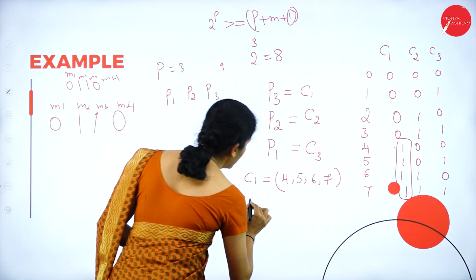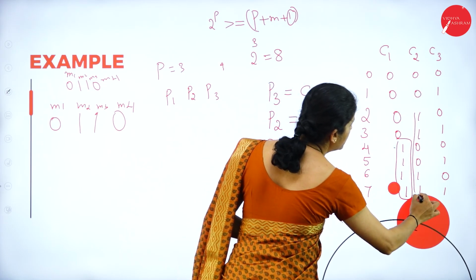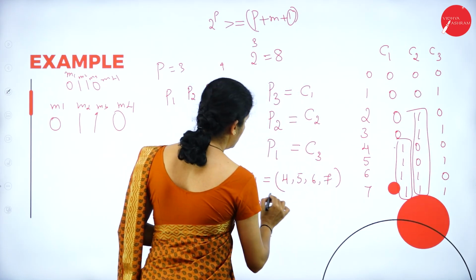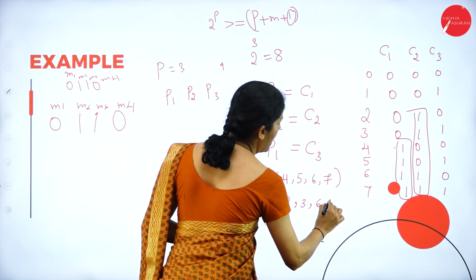If I consider C2, wherever I get 1, that is 2, 3, 6 and 7.